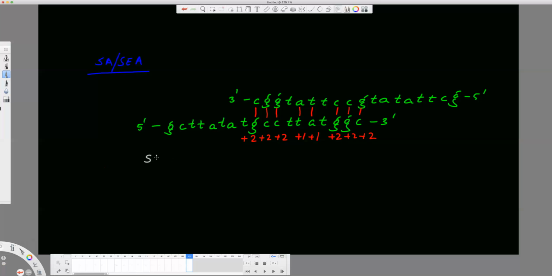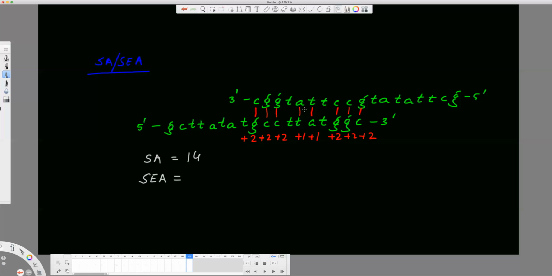My SA score is just the sum of these. So this is 6 + 6, 12. This is 14 is the score, right? 4, 6, 7, 8, 9, 10, 11, 12, 13, 14. This 14 is my SA score. Okay, this is the way we score SA. Now, what is SEA given this orientation?